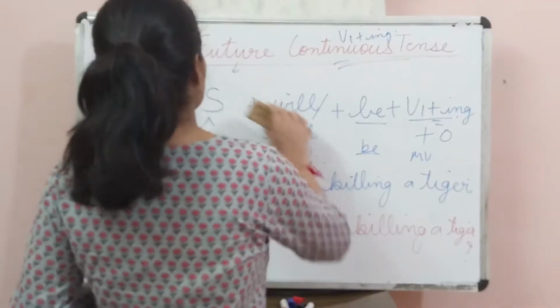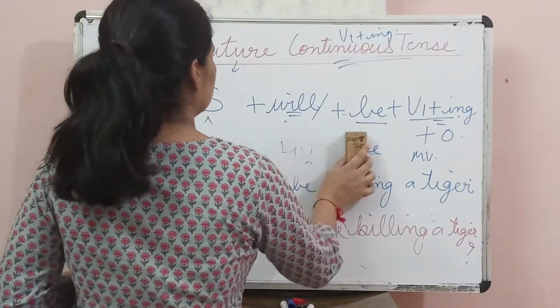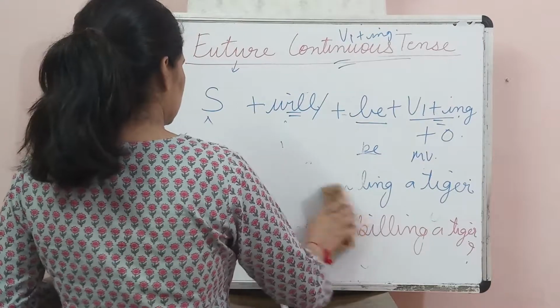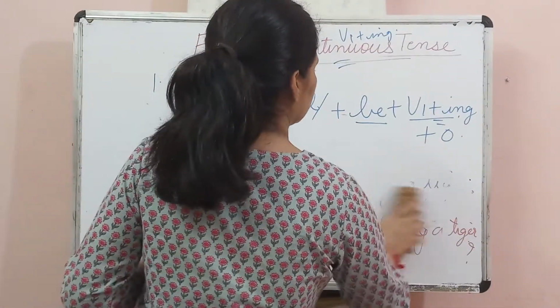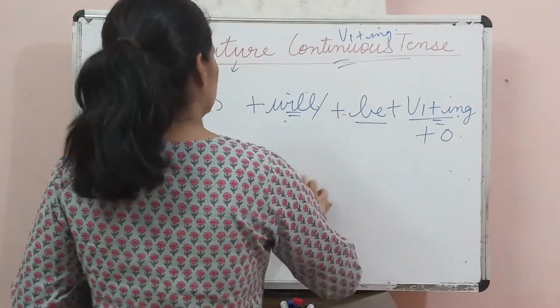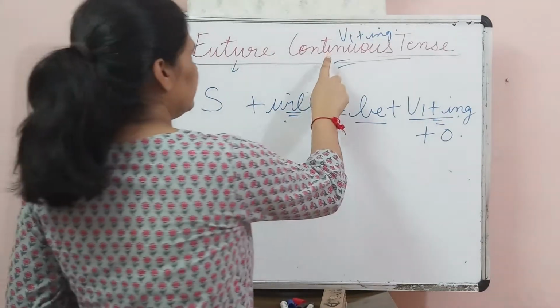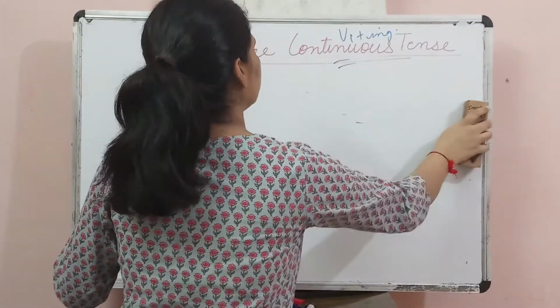Let us move on to the usage of the future continuous tense. We have already seen the future continuous is just simply telling us which action is going to happen in the future. Now in this future continuous, take two examples.